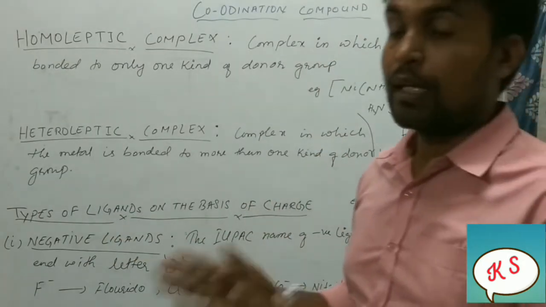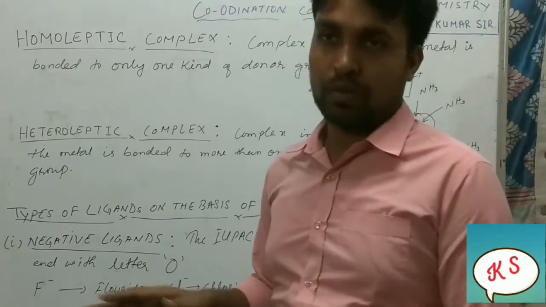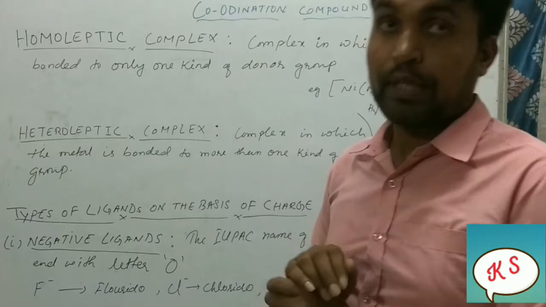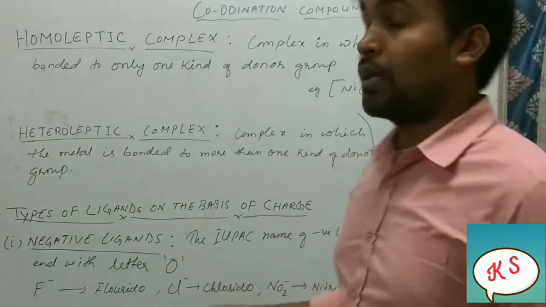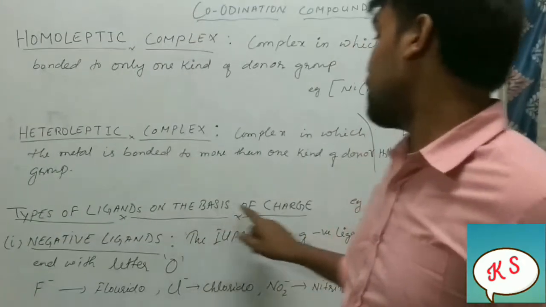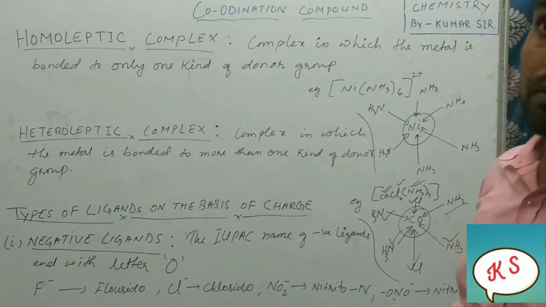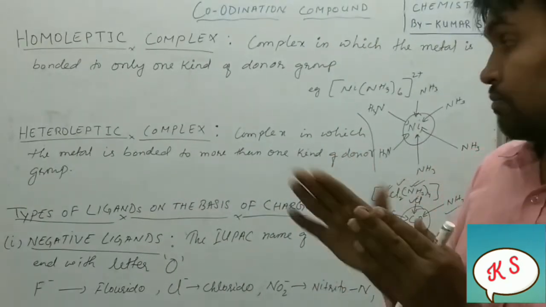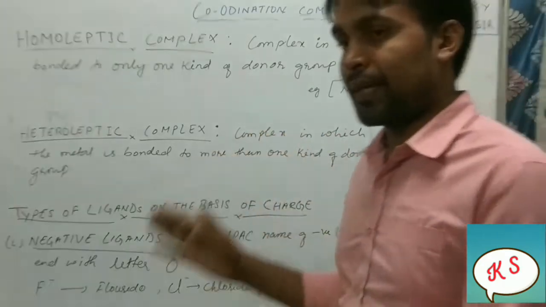We have seen ligands are unidentate, bidentate, and so on, that is on the basis of number of donors. But here we are going to classify ligands on the basis of charge.